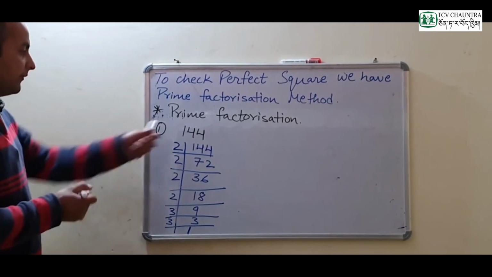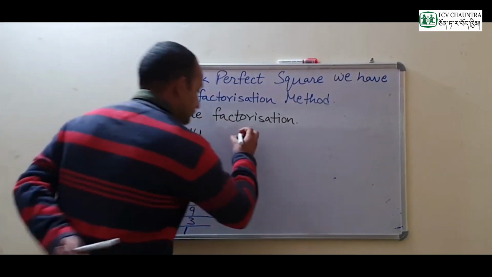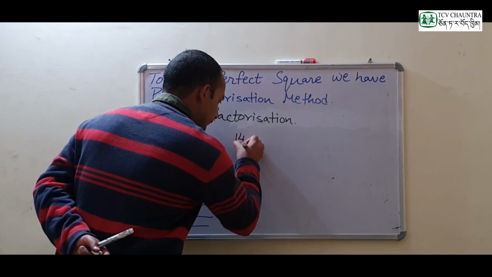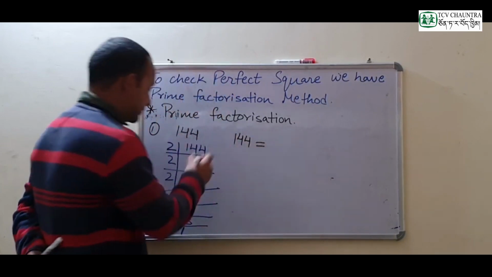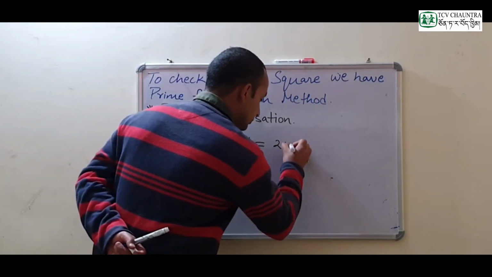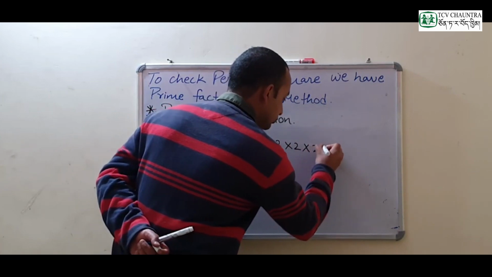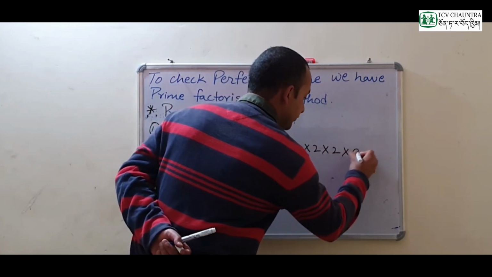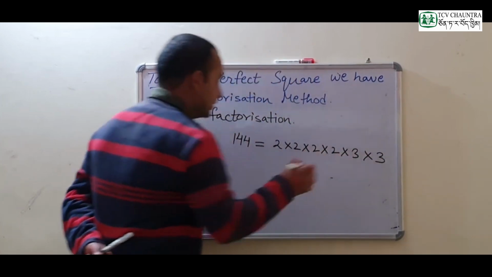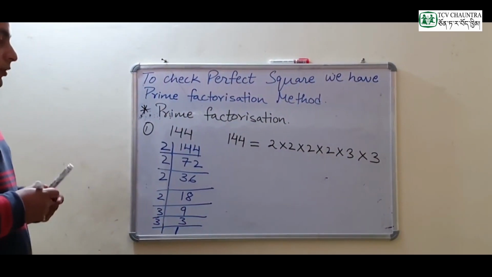So the prime factors of 144 are 2 multiply by 2 multiply by 2 multiply by 2 multiply by 3 multiply by 3. All these are the prime factors of 144.